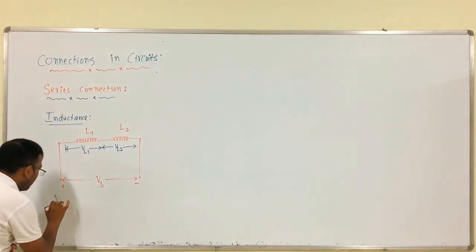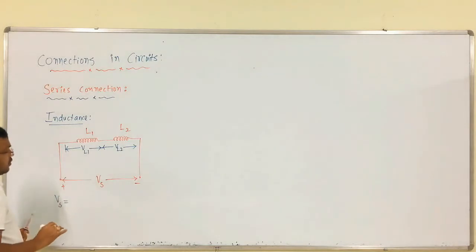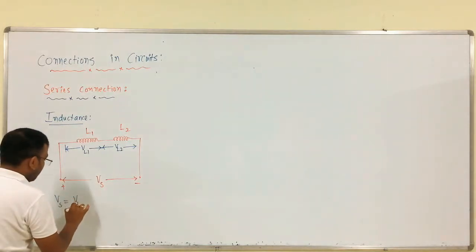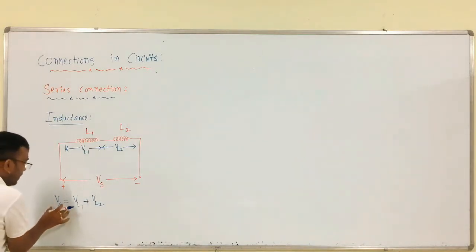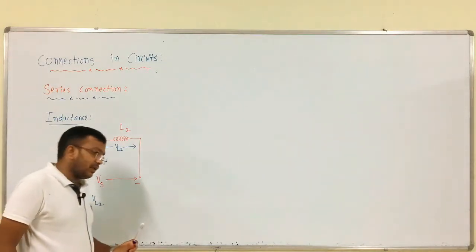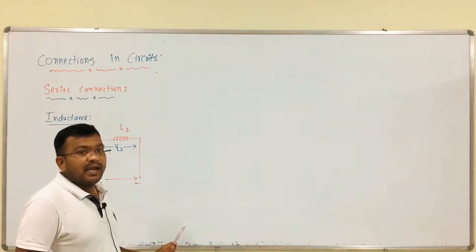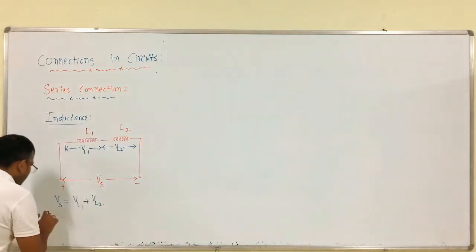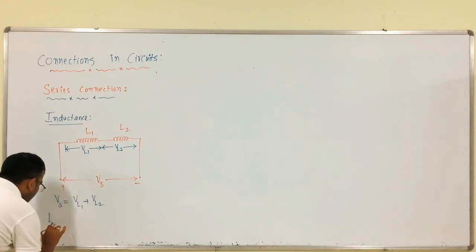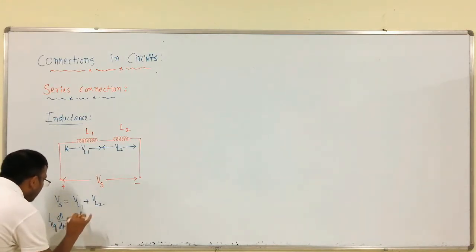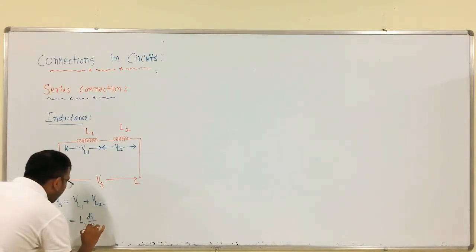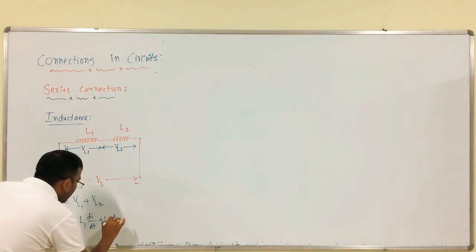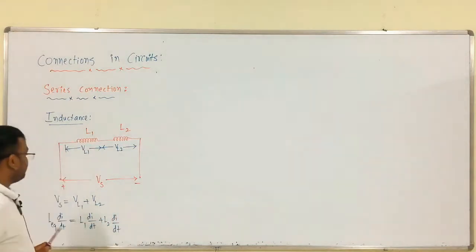By KVL, the total voltage in the circuit should be equal to VL1 plus VL2. We all know that the voltage across an inductor is L into di by dt. So, L equivalent into di by dt is equal to L1 into di by dt plus L2 into di by dt.